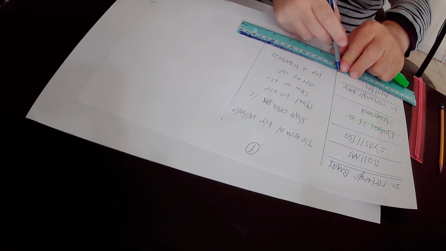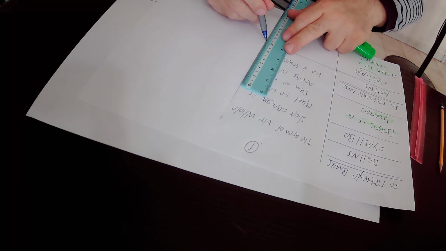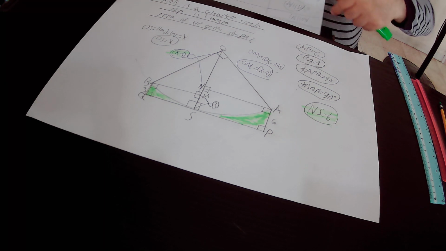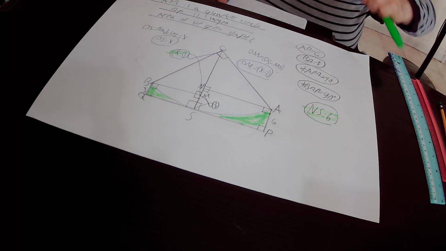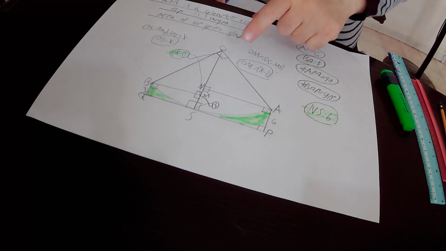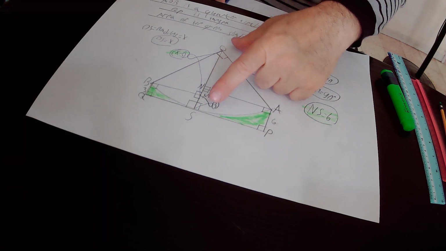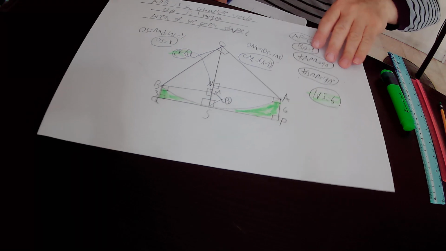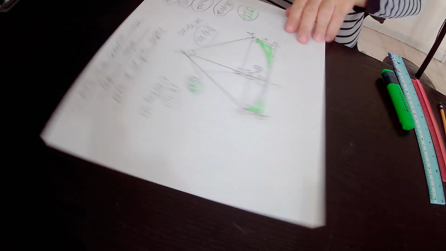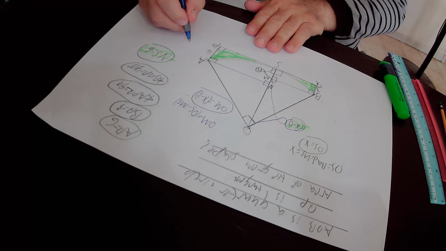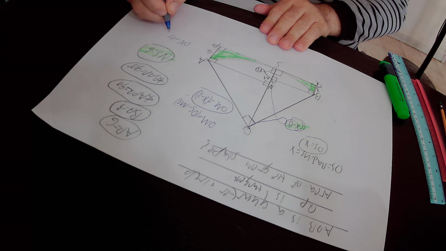So, what is the length of line segment ON? From the drawings, it's very easy to see that ON equals OS minus NS. So I write it down. ON equals OS minus NS.